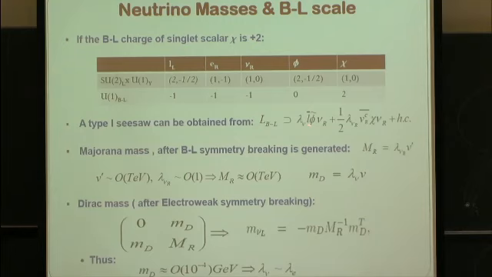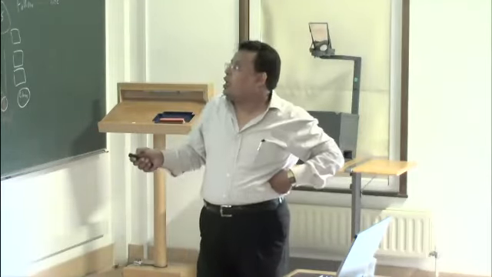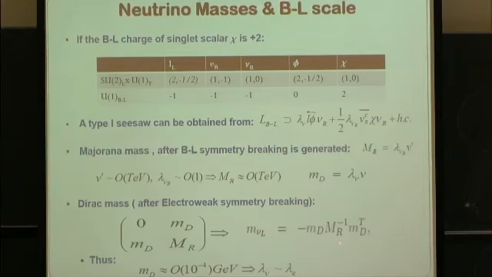So we can construct this matrix, the type 1 seesaw mass matrix for the neutrino, which gives light neutrinos of order m Dirac squared over m right-handed. Usually the right-handed neutrino mass is taken to be 10 to 13 GeV to get the Dirac mass of order 100 GeV. Now we have m right-handed of order TeV.